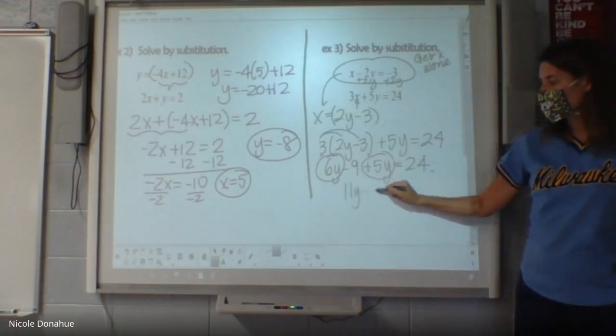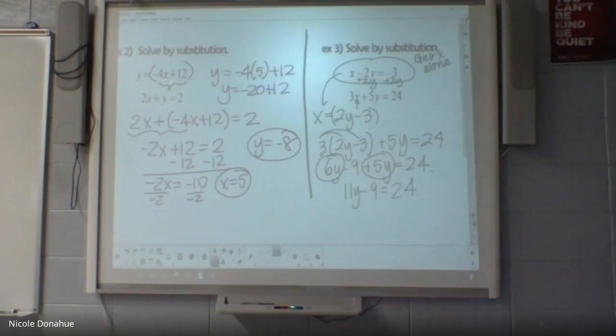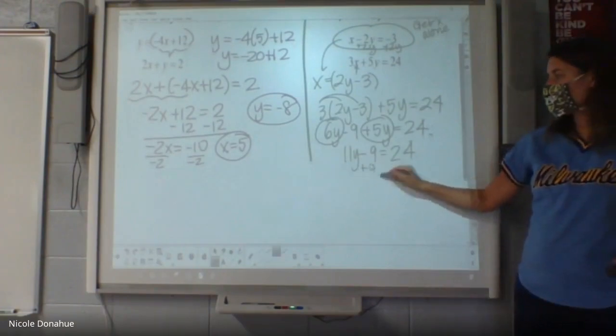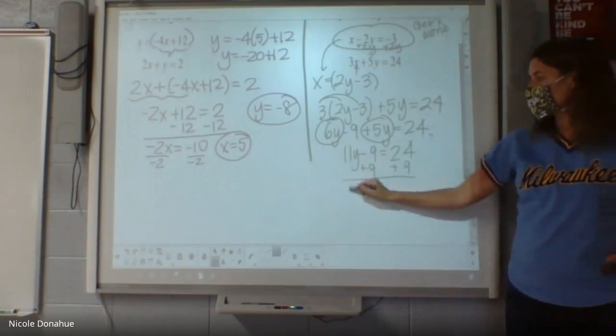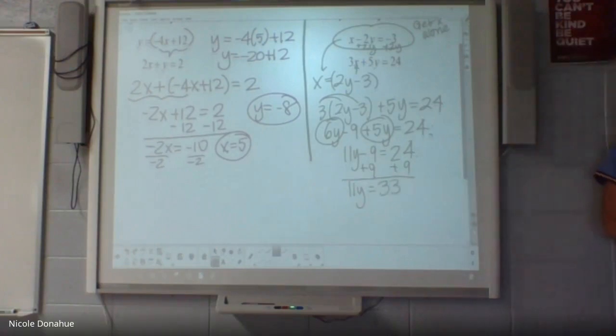So we have 11y minus 9 equals 24. Move this 9 over. So 11y equals 33.